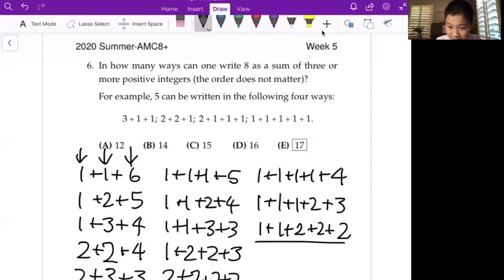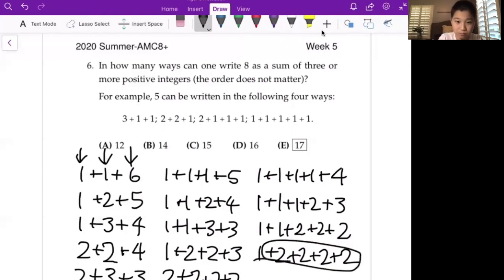So this adds up to 8. So it's correct. So you don't have to worry about that. If you make a 1 plus 2 plus something, then it will add up to more than 8. This is 9, so it won't work.